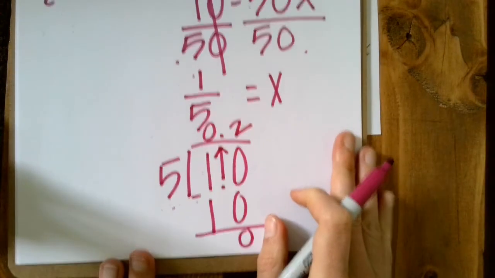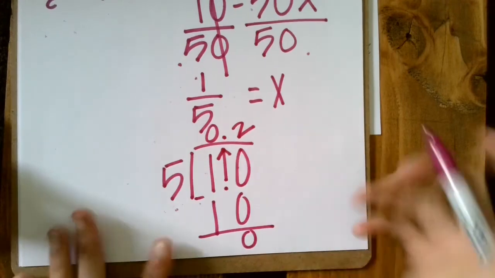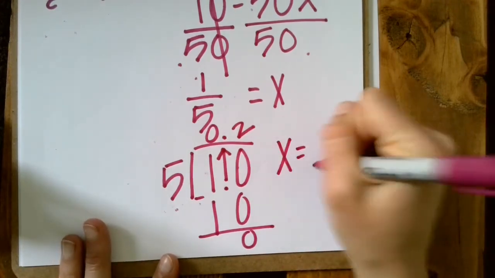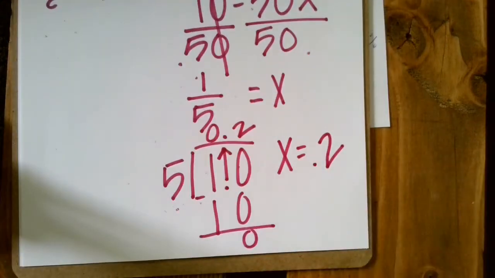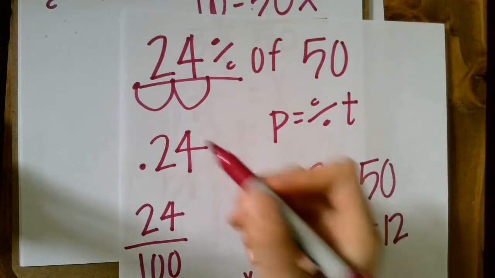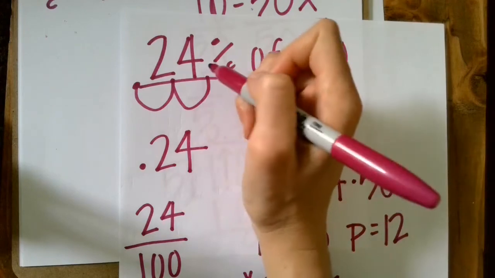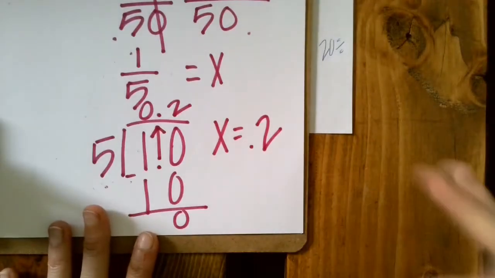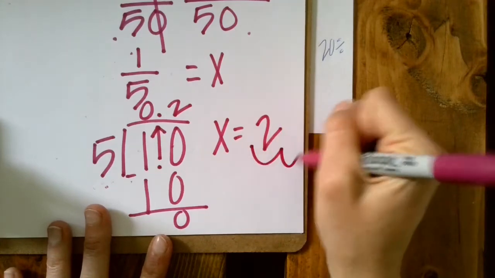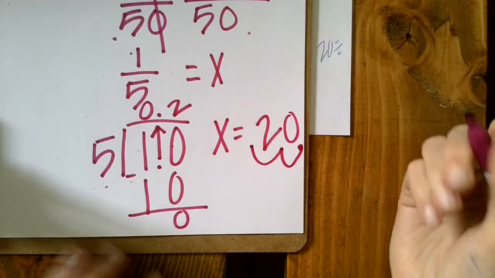In order to turn my decimal, or my value of x, into a percent, I need to do the opposite of what I did here, turning my percent into a decimal. So I'm going to move it 2 times to the right to turn it into a percent.